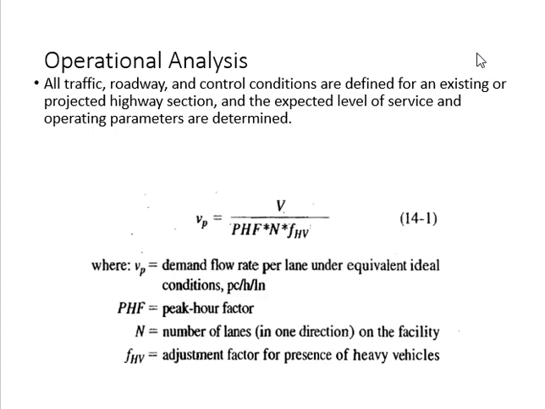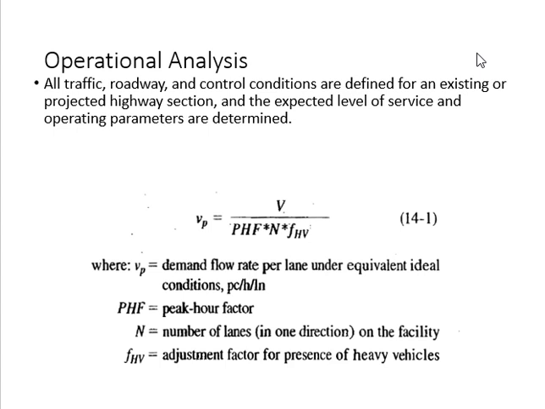The units for volume are vehicles per hour. How many vehicles do we have on the road in one hour? And that is the peak hour. Units for vP are passenger cars per hour per lane. So you put V and you do this, and the answer you get is in passenger cars per hour per lane.